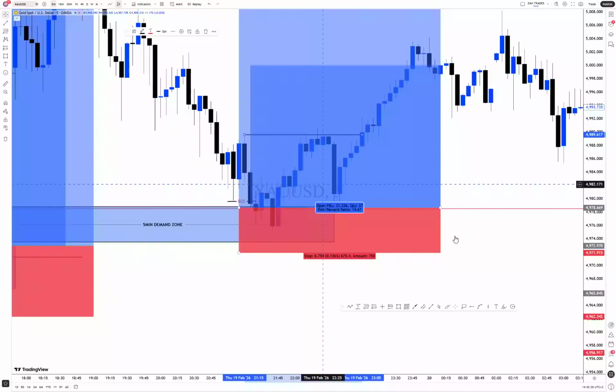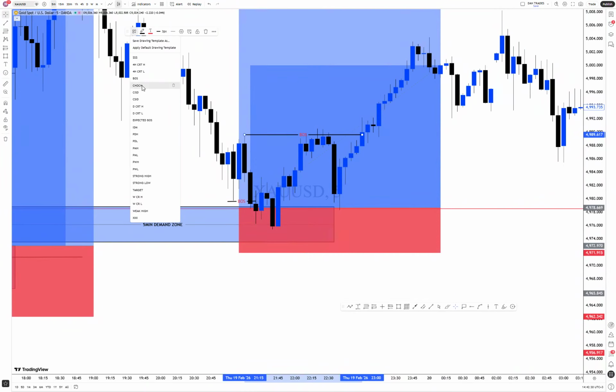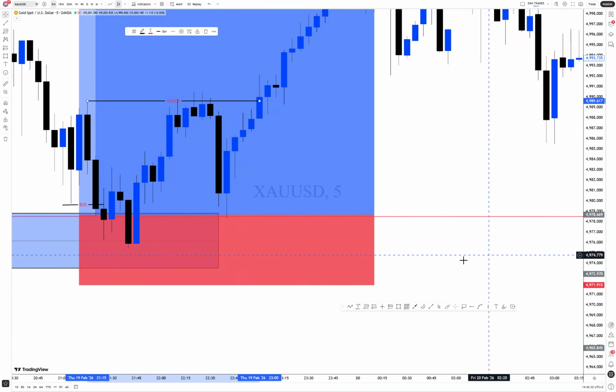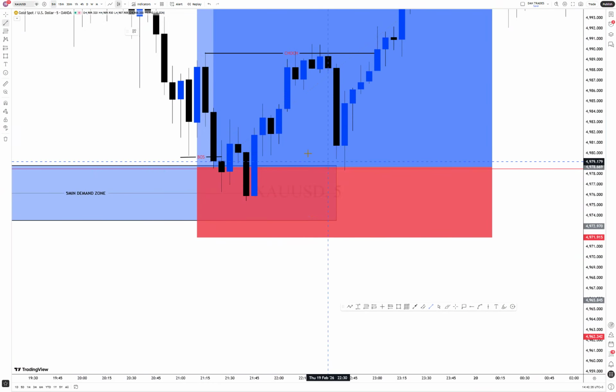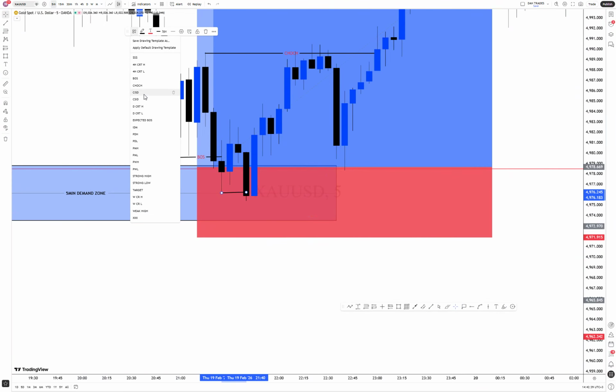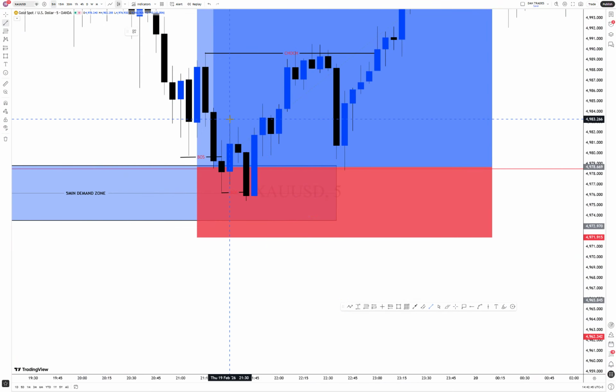But if you look keenly into details at what is really happening around this area, you can have this as the breakout structure, and then you can have this area as the change of character.